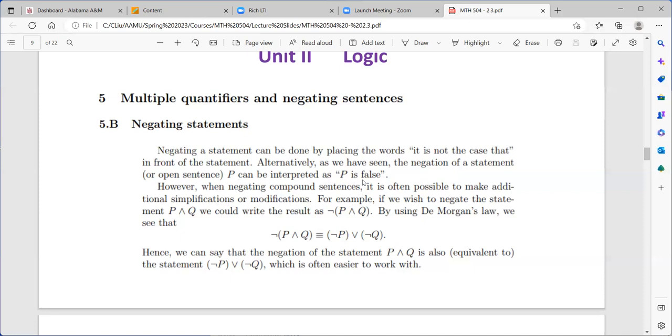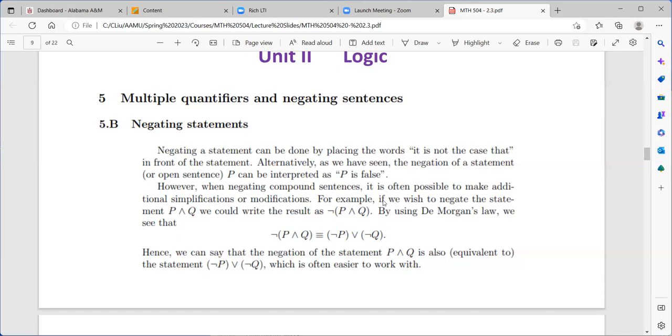But it will be a little more complicated when you try to negate a compound sentence. This is especially true when we have conditional statements or open sentences. Even so, we can use the rules of logic we talked about before to simplify the situation.